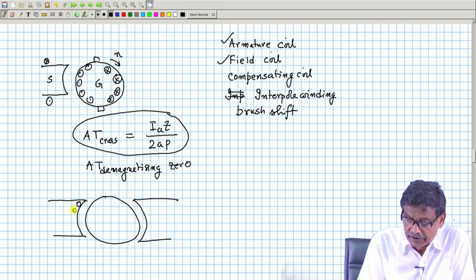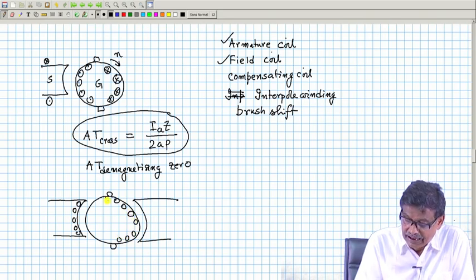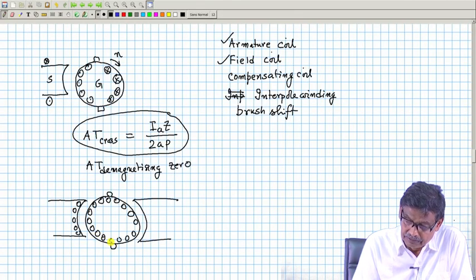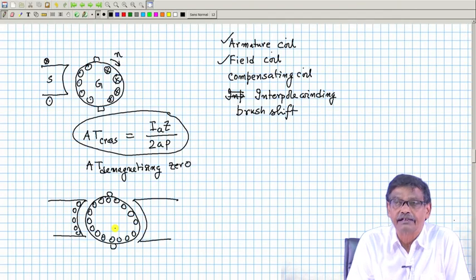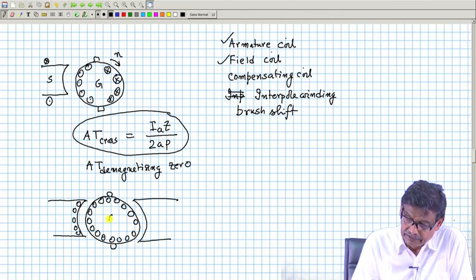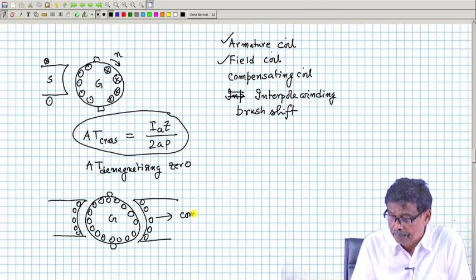So, there will be coils here, and this is the armature coil. Follow me carefully, what I am telling. There must be some logic on the basis of which these things are to be put. So, the same generator is running here, and I decide I will put a compensating coil. Why compensating?